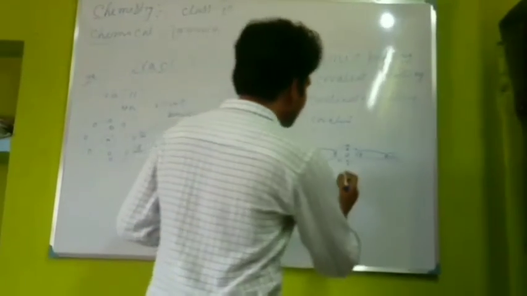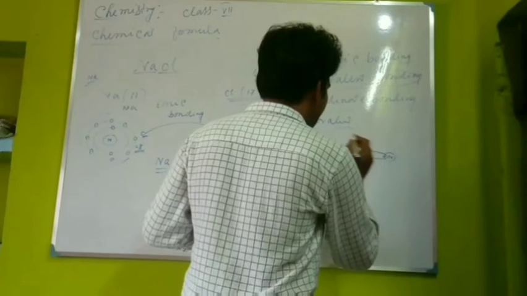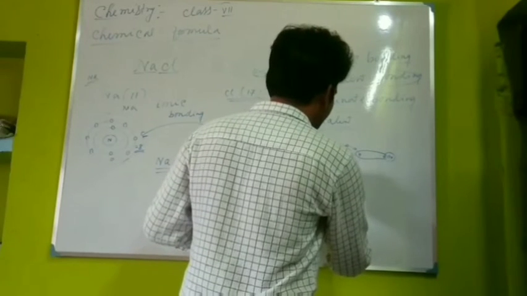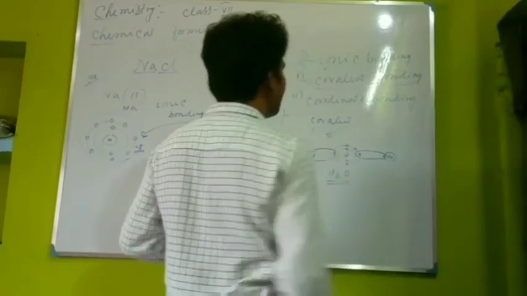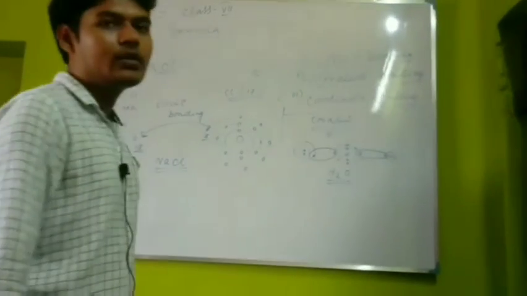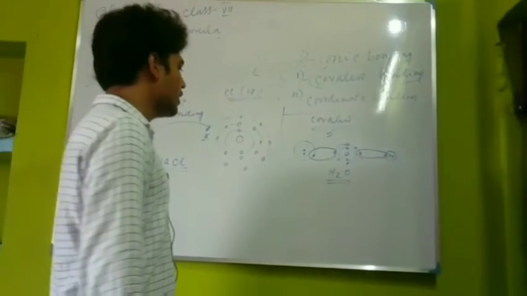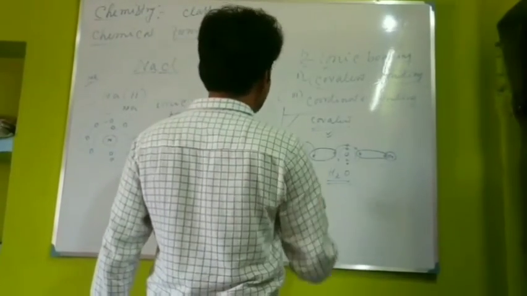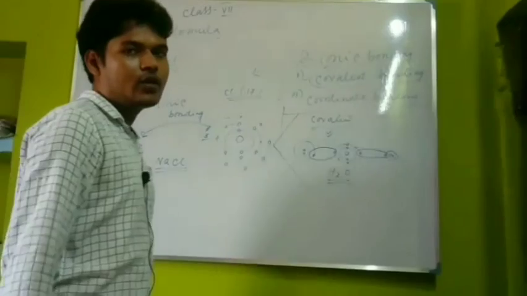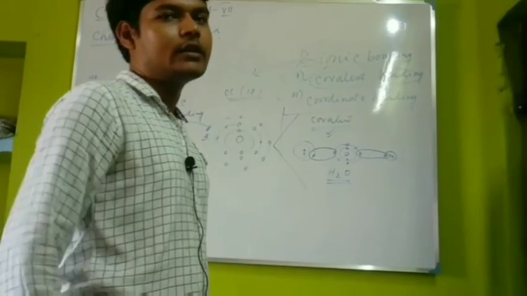So the bonding which arises in H2O is known as covalent bonding. Okay, and covalent bonding is stronger than ionic or electrovalent bonding.